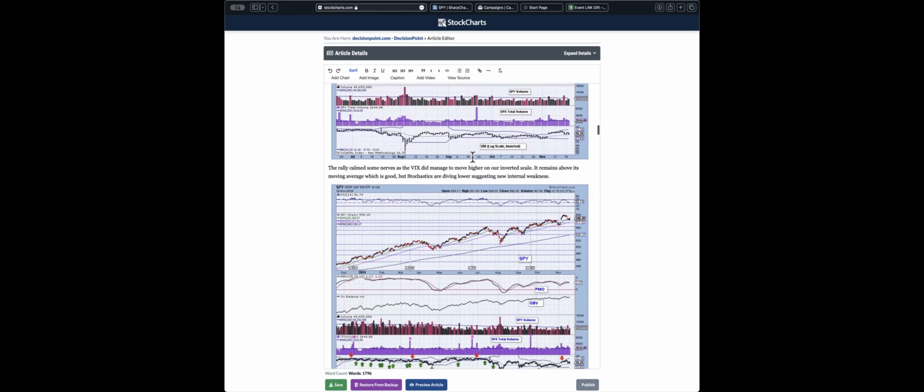It's not a terrible, terrible problem because the PMO is still well above the zero line. So that's good. We're still seeing relative strength or some internal strength there. But ultimately, that PMO sell signal is a bit of a problem. And though we're holding support here, there is a chance that we're going to return to some of the weakness we saw earlier this week, or late last week, I should say.